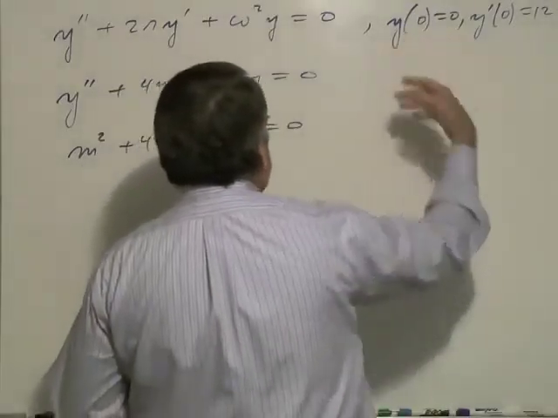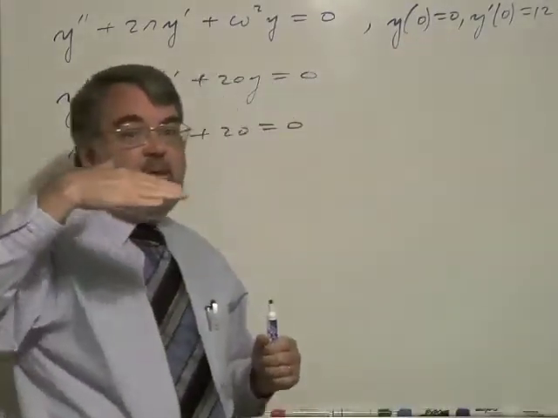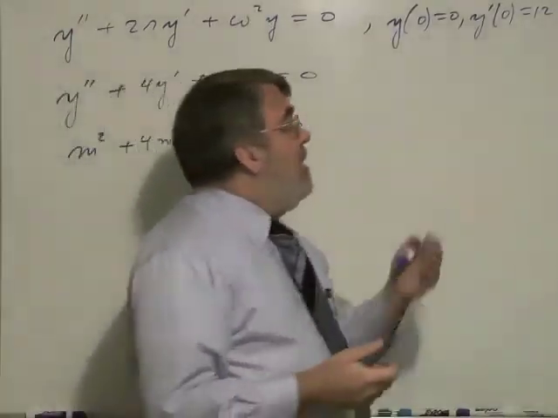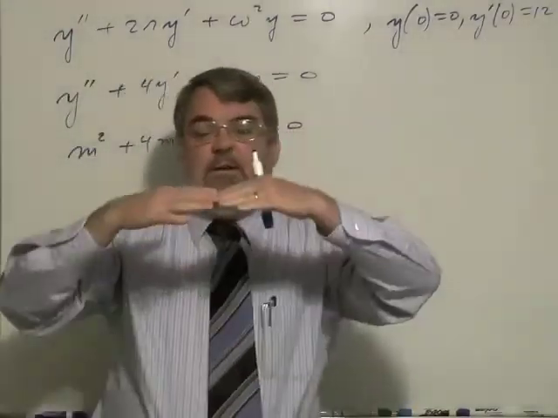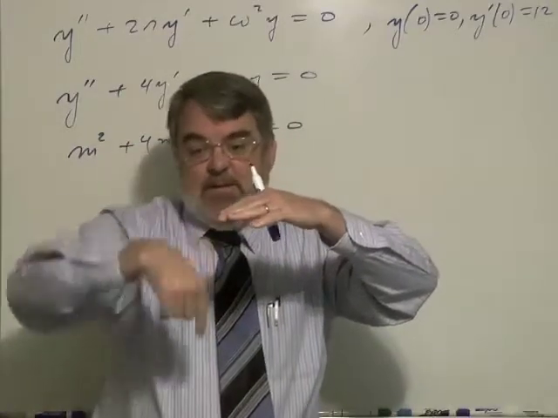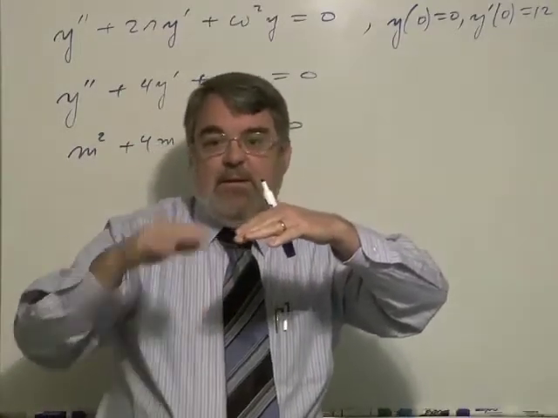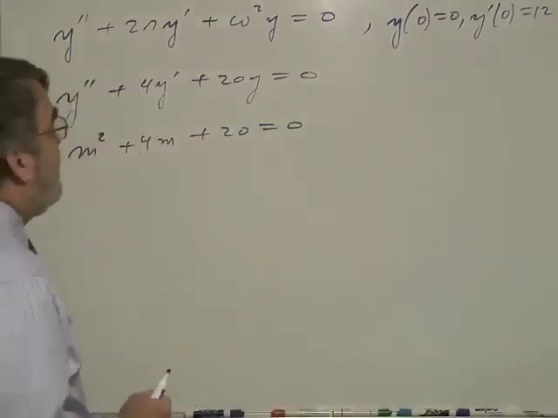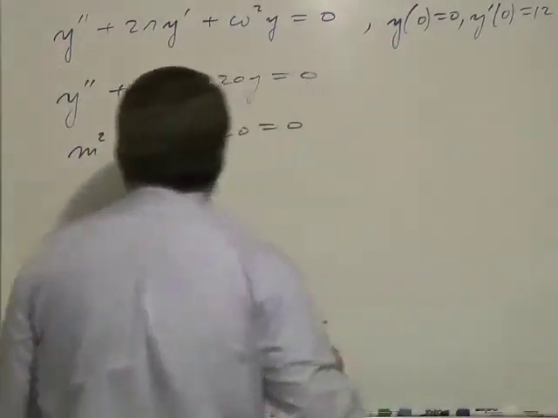At rest means that the initial position is 0. It hasn't been pulled down and let go. It's right there. However, at 0 it's given an initial velocity of 12 feet per second. That would be downward, so it's like you tapped it and it started off at 12 feet per second. So these are the initial conditions.